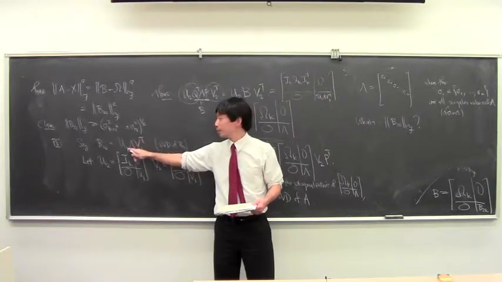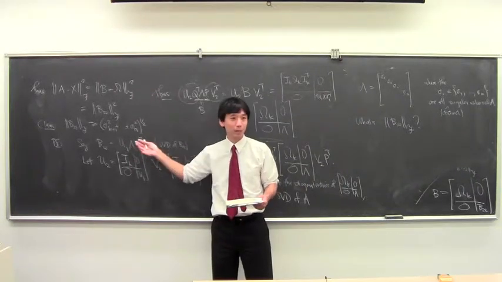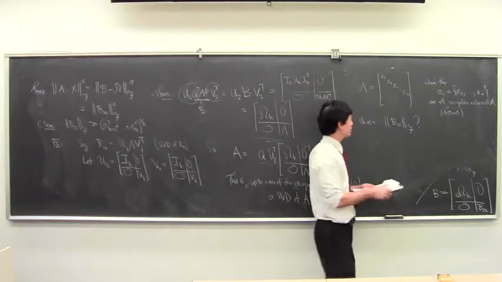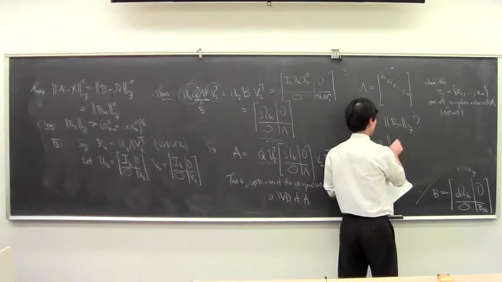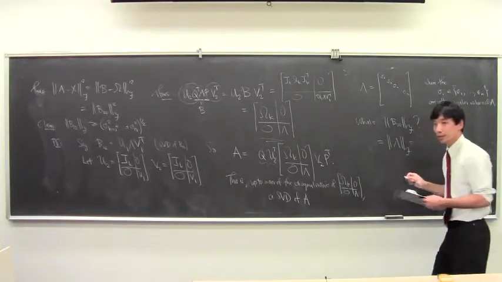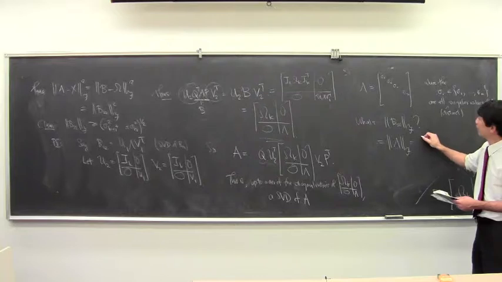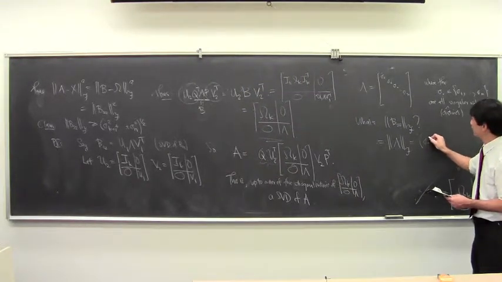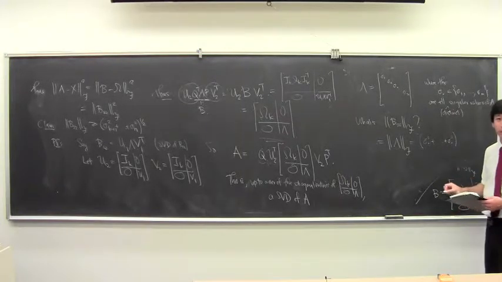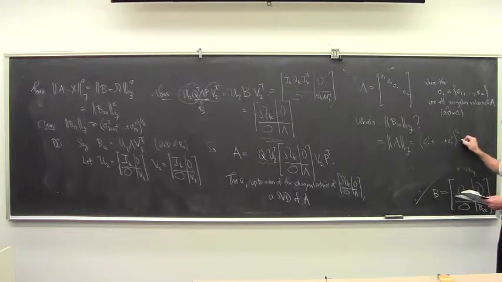That's what we saw last time. Multiplying by an orthogonal matrix doesn't change the Frobenius norm. So what equals this? Well, that's going to be lambda dot squared plus lambda dot squared, to the 1/2.